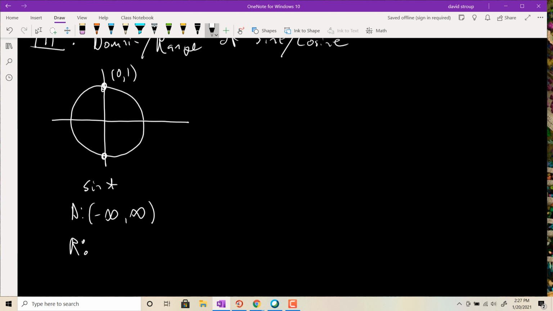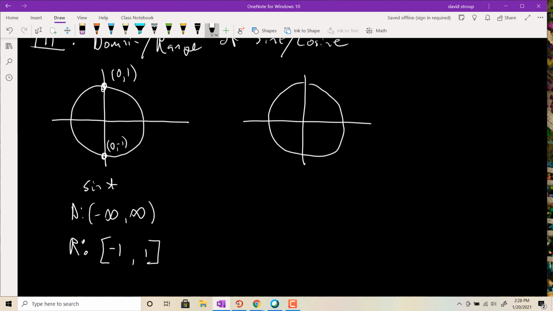So the biggest y value is going to be the end of the range, 1, and then the smallest y value down here at -1 will give you the smallest number possible for the output. So at -1. Okay. And then likewise, you could play the same game with cosine. The domain of cosine, again, is going to be all real numbers.